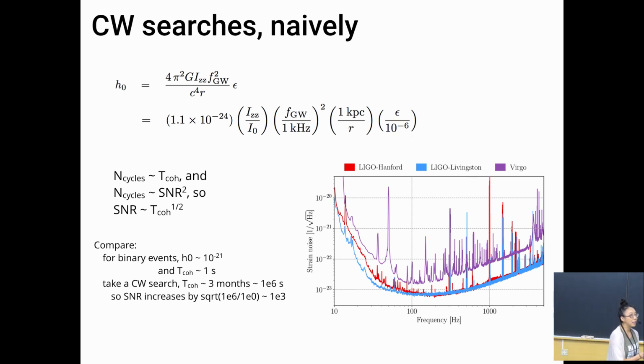Another thing, the violin modes. So all of these mirrors are suspended, right? Mirrors are suspended in very complicated pendulums, so you can basically reduce the movement of the mirror as much as possible. But the suspensions have some kind of resonant frequency, and you could actually excite that resonant frequency.